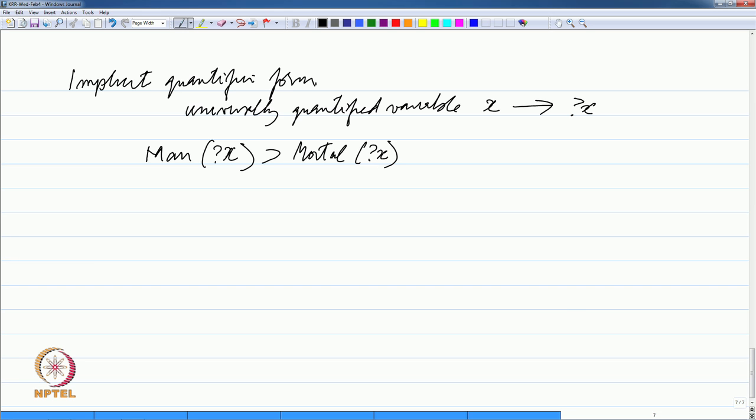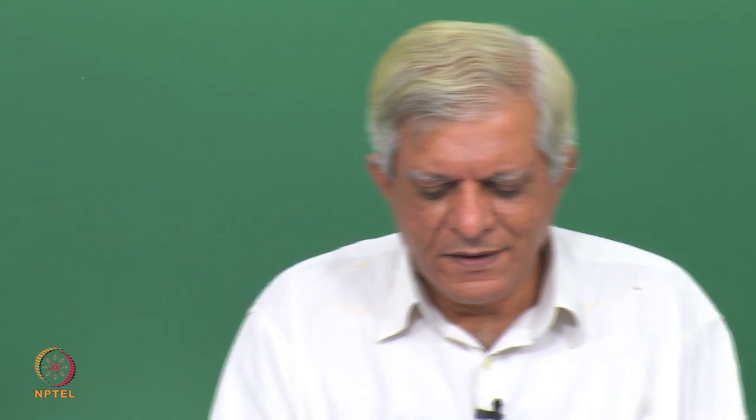The sentence is still the same. It is just that we are not writing the quantifier and we are remembering that fact by putting a question mark below the variable. So, every time you see a variable with a question mark, you must remember that it is universally quantified. I can still apply universal instantiation to this, for example, and produce a formula which is true for Socrates, but we will not do that.